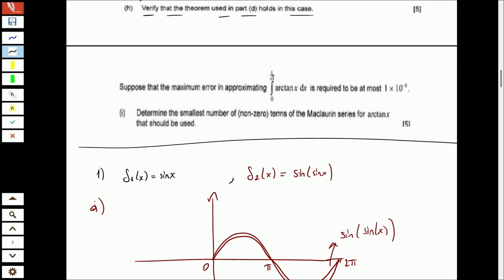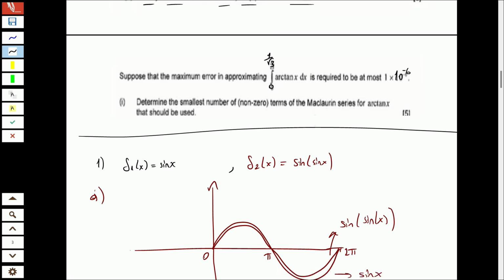The last question is: suppose that the maximum error in approximating the integral of arctangent x from 0 to again 1 over square root of 3 is required to be at most 10 to the power of minus 6. Determine the smallest number of terms of the Maclaurin series for arctangent x that should be used.